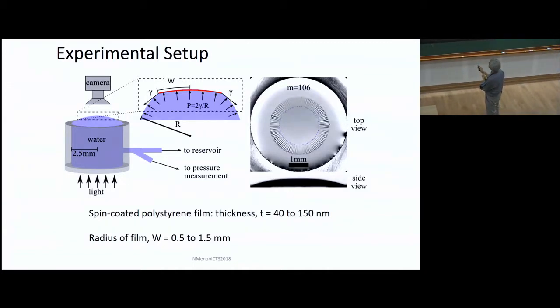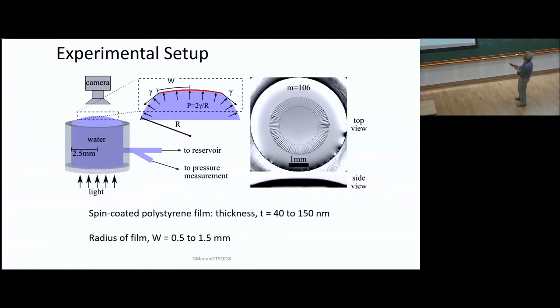You count the wrinkles, you measure the length of the wrinkles, okay, as they invade from the inside, and you plot the length of these wrinkles as a function of the confinement parameter for this problem, which is going to look a little bit different than T in over T out.